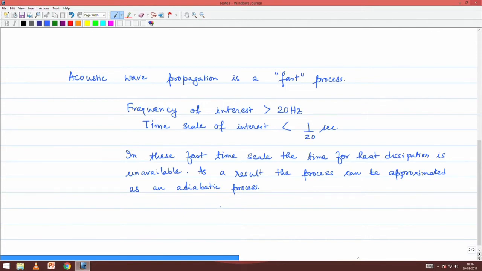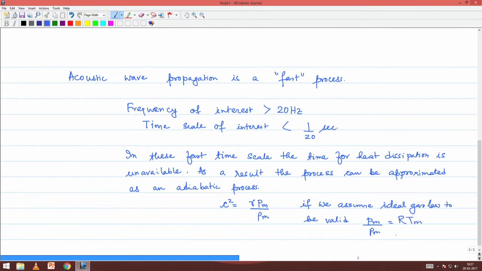Isothermal process is typically the other extreme, which happens for a very slow process, right. So, therefore, from here on we can take C square as gamma P m by rho m. But now, if we assume ideal gas law to be valid, then this quantity P m by rho m could in turn be related to the temperature, right.